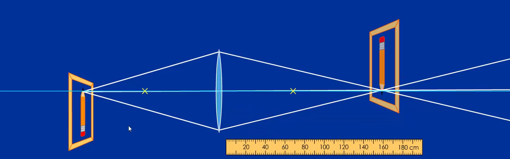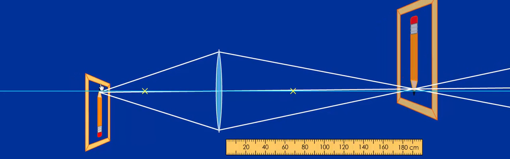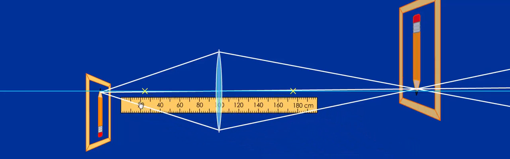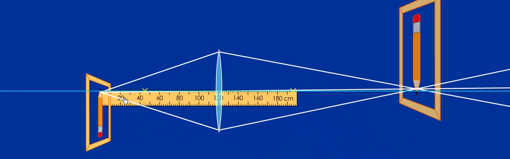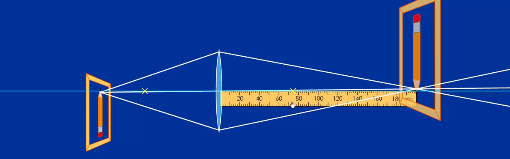Okay, let's do the fourth trial. That's the new object position. Let's measure the object distance. Measure the object distance now. All right, I'm going to move the ruler out.